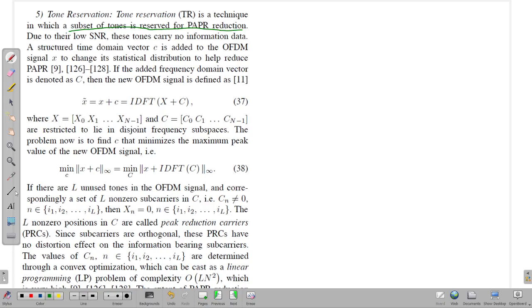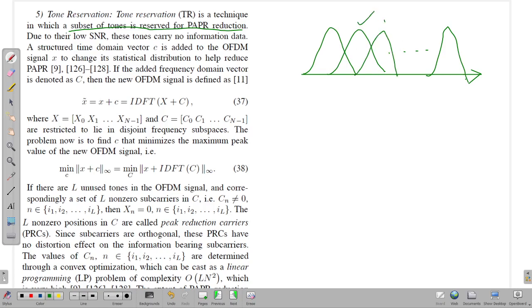So when you have the OFDM signal, certain tones, certain subcarriers, are reserved.